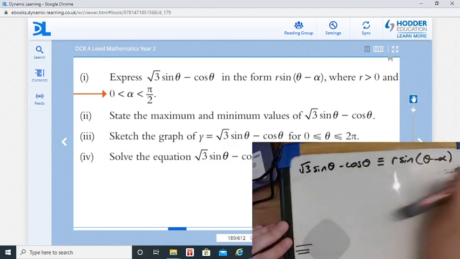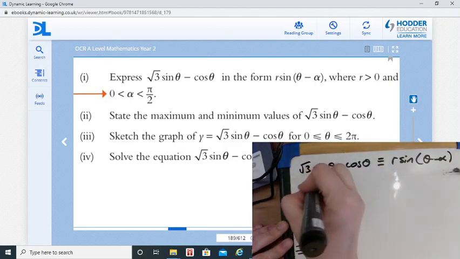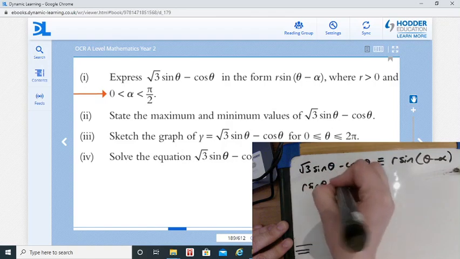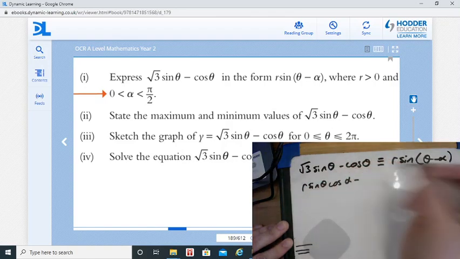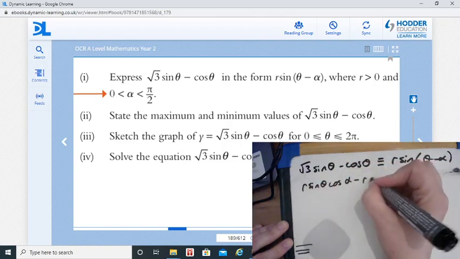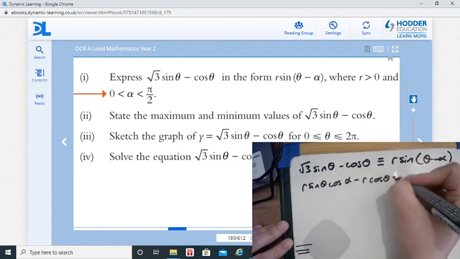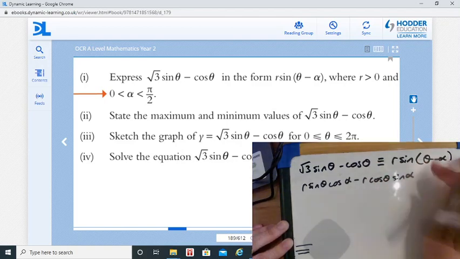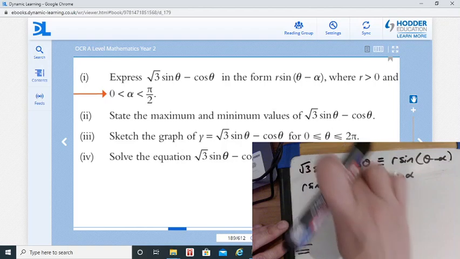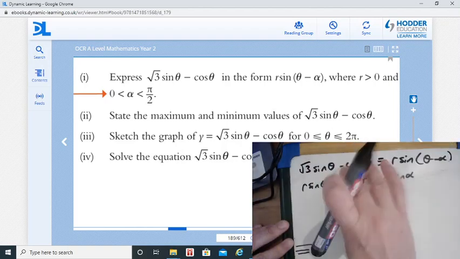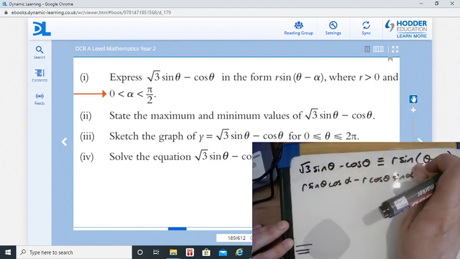Let me write that out again: r sine theta cos alpha minus r cos theta sine alpha. Now I'm going to compare these two. They are the same. We are trying to make them exactly the same.